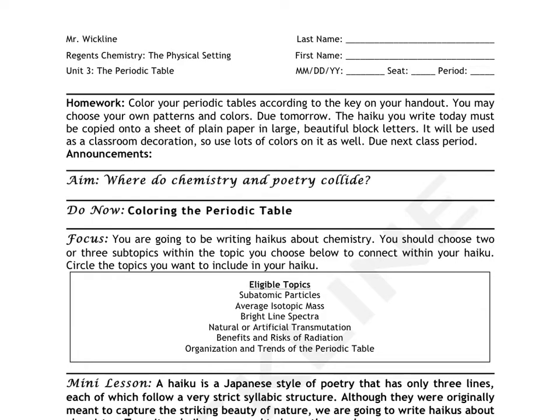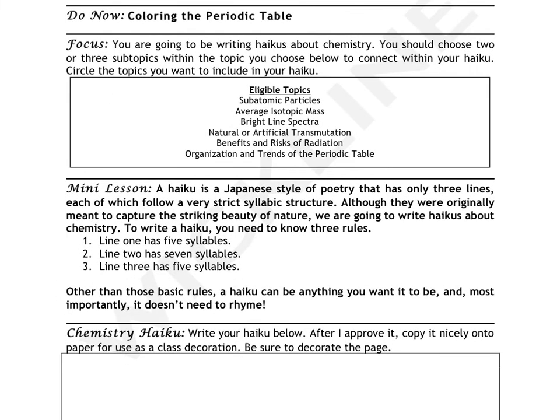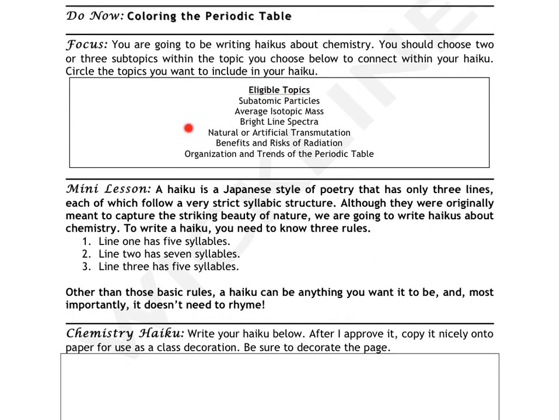So when you're choosing the topic for your haiku, just know that your eligible topics are these several right here: subatomic particles, average isotopic mass, bright line spectra, natural or artificial transmutation, benefits and risks of radiation, or organization and trends of the periodic table.